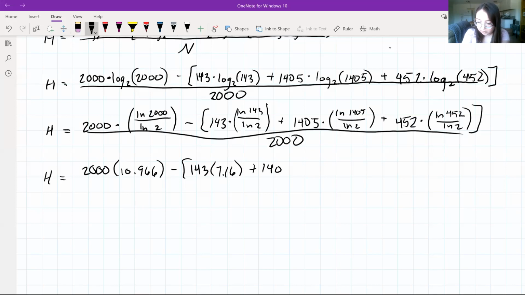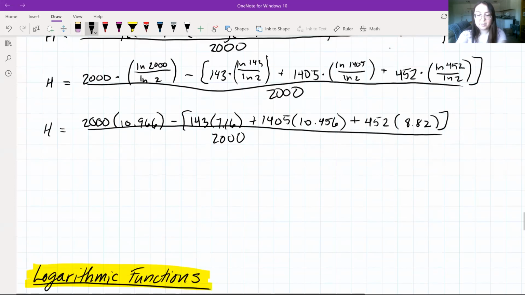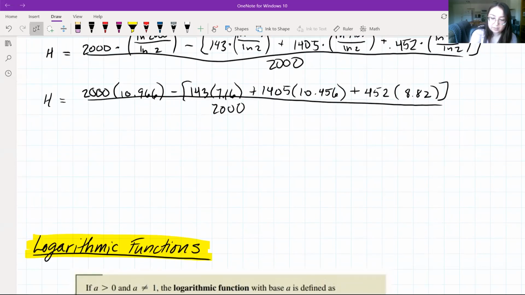Then we have 1,405 times 10.456 plus 452 times 8.82. Oh, I crossed out some of those. Divided by 2,000. All right, so now we've simplified just a little bit more.